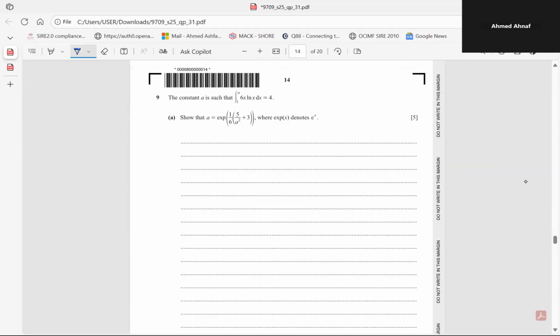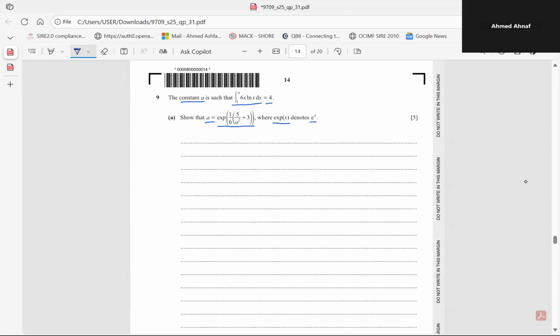Okay, so here we're told that the constant a is such that this definite integral equals 4. And now we have to show that a is equal to this expression, where this exponent e denotes e to the power of x.